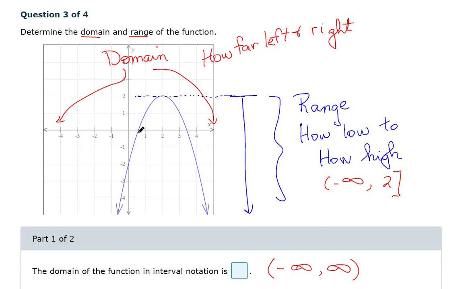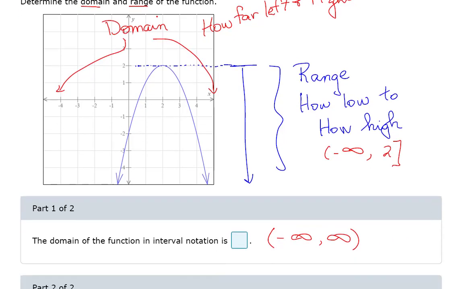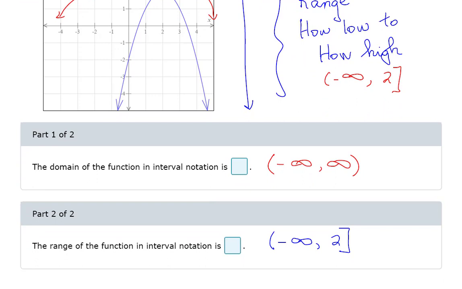And again, this thing opens up to the left forever, opens up to the right forever. And if I'm looking at what inputs do that, it's the whole x-axis. So the domain is -infinity to infinity, and the range we saw was -infinity up to the highest of 2.